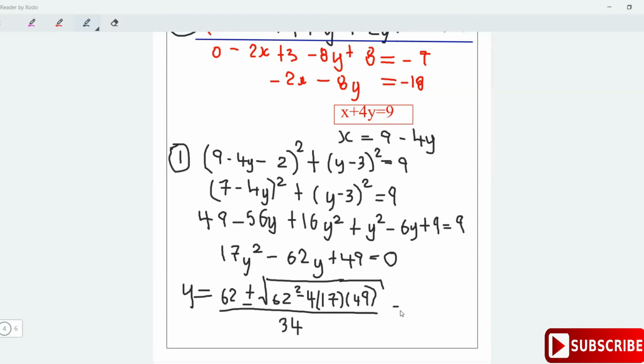So we get two values for y. I'm just going to put it in the calculator.